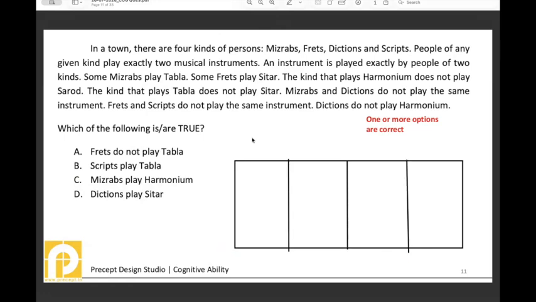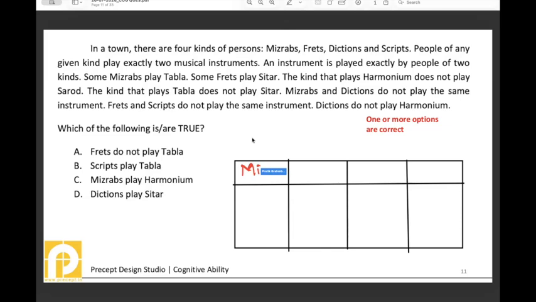Some misrabs play tabla, some frets play sitar. The kind that plays harmonium does not play sarod. The kind that plays tabla does not play sitar. Misrabs and dictions do not play the same instruments. Frets and scripts do not play the same instrument. Dictions do not play harmonium. Okay, based on this, which of the following statements is or are true? One or more options is correct.